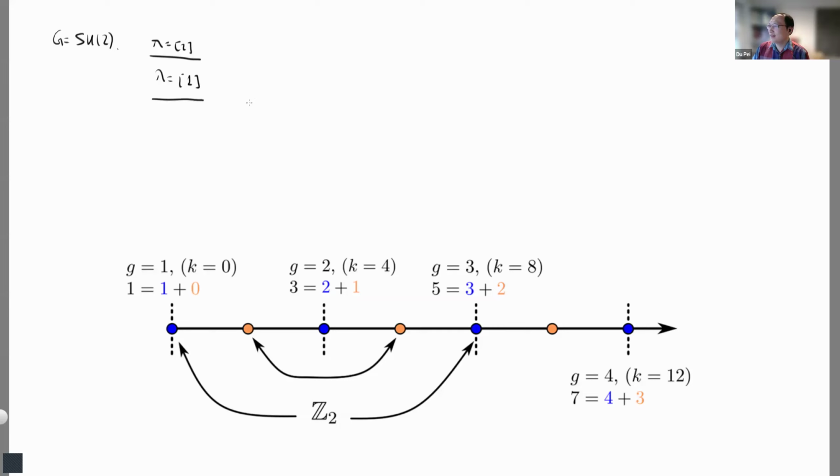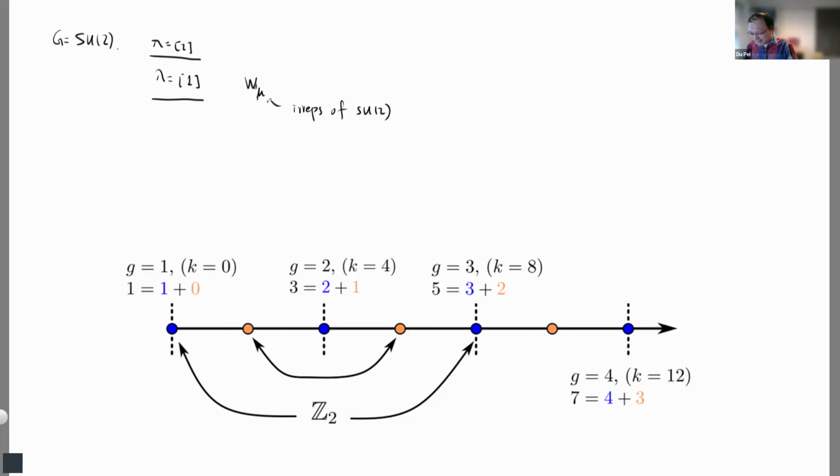But for this one, the bulk operators are going to be labeled by representations, let me use mu. So this is labeled by, let's say, irreducible representations. And it can act on the string Hilbert space.